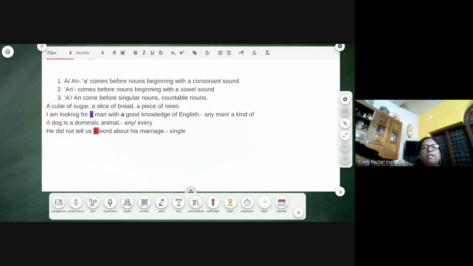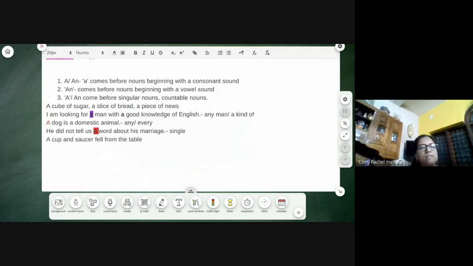Now, let's go on to another sentence. A cup and saucer fell from the table.